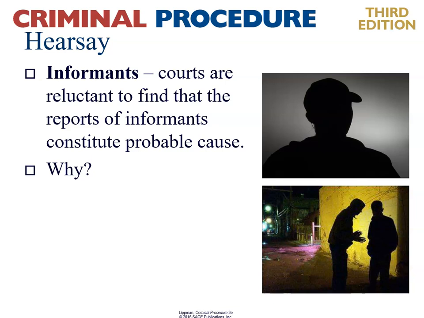But again, informants are typically individuals who themselves are involved in criminal activity and who cooperate with the police by providing information. The problem with hearsay, remember the secondhand type information, is that it is difficult to determine whether secondhand information is truthful or accurate.